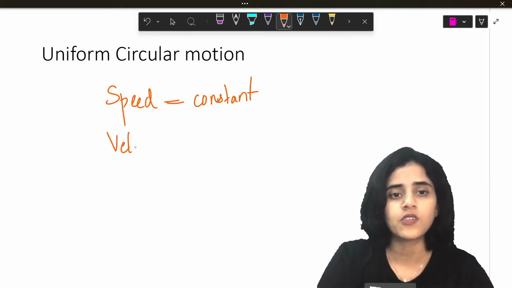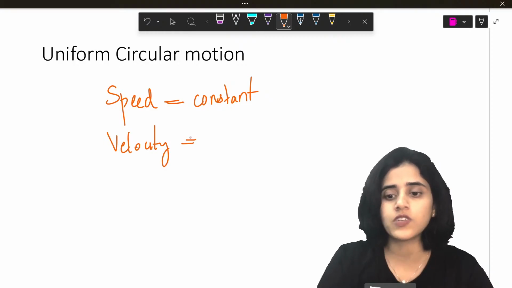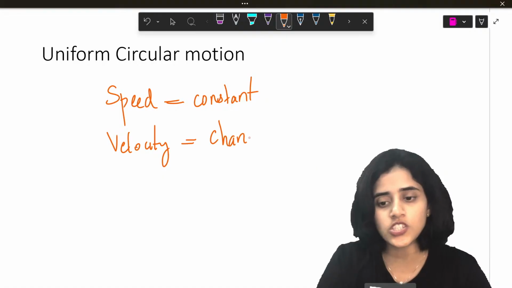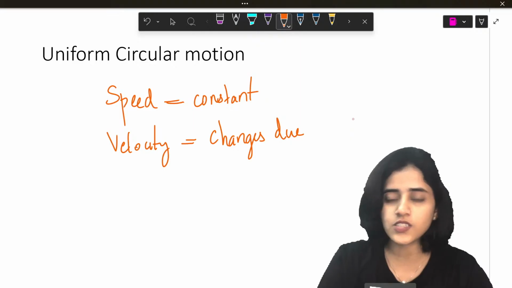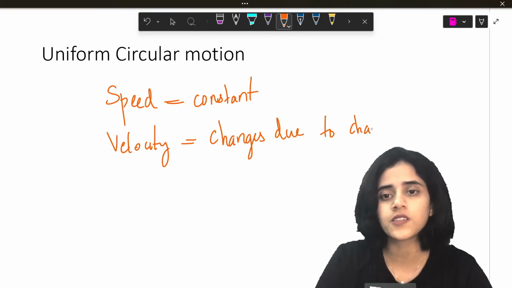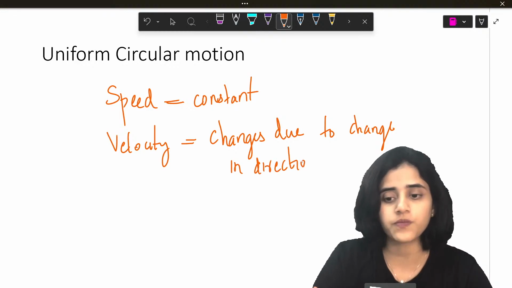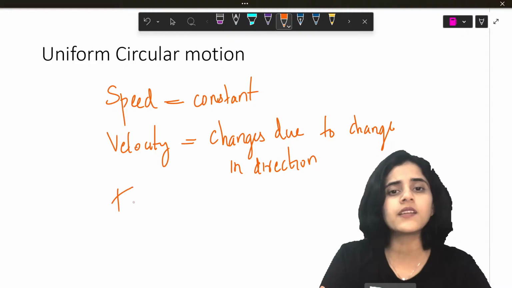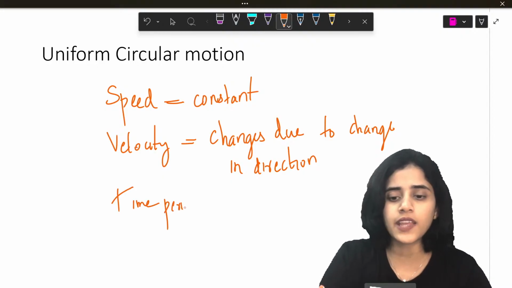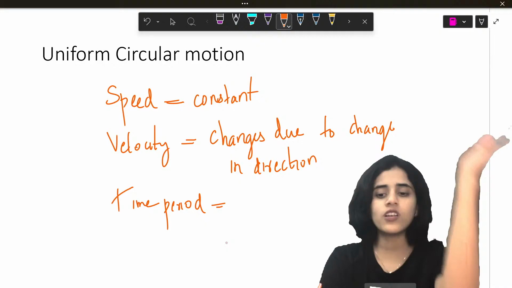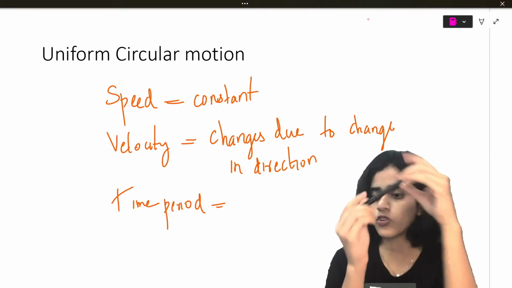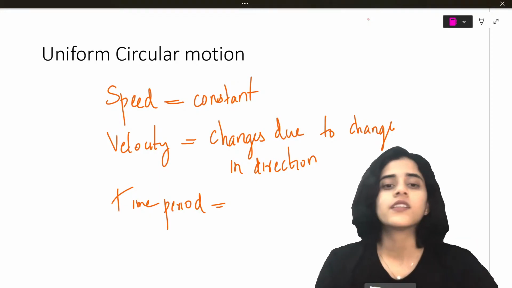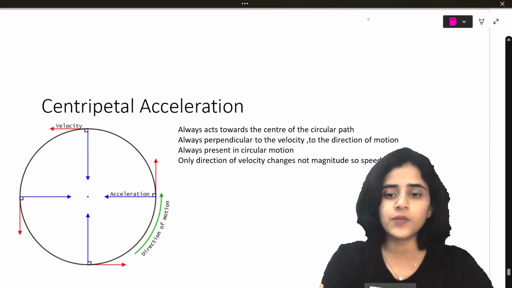Velocity changes due to change in direction. And time, what is time period? Time period is the time taken for it to complete one full revolution.